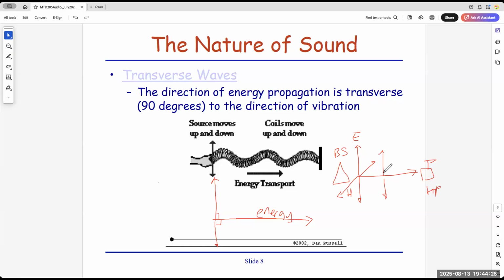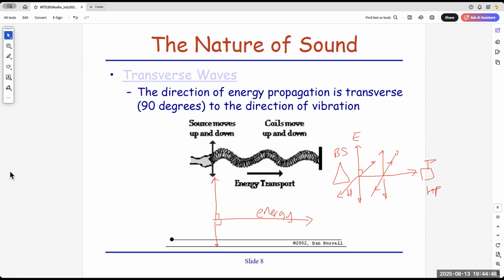The vibration is called electrical field and magnetic field. It will be vibrating up and down in the so-called perpendicular way, 90 degrees, perpendicular to the direction of propagation. The 5G signal and Wi-Fi at your home are also perpendicular.